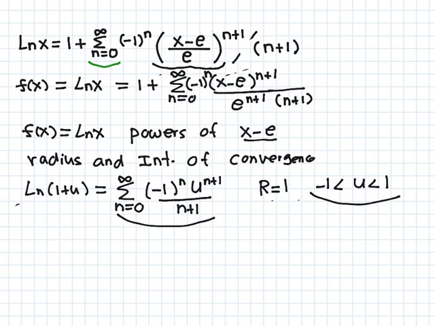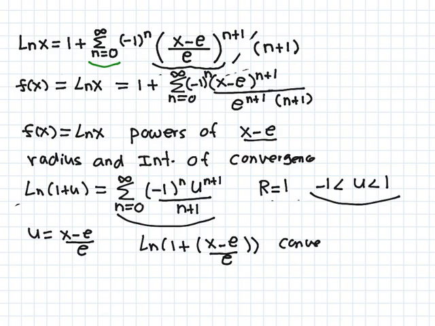But you might recall that we let u be equal to (x minus e) divided by e. So that means that the power series for log of 1 plus (x minus e) divided by e converges for u less than 1, larger than negative 1, or absolute value of u less than 1.